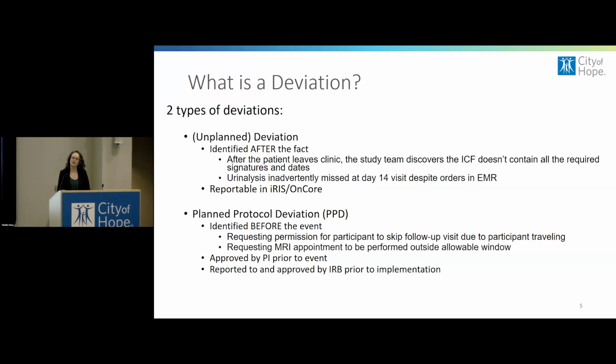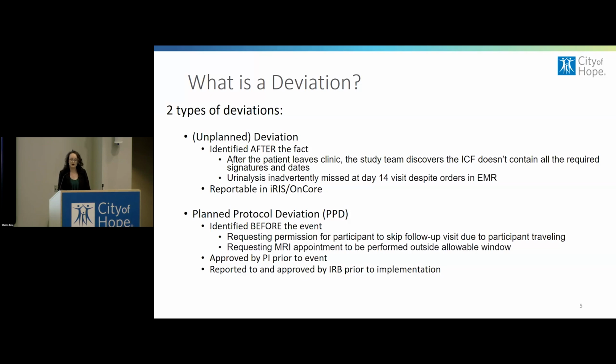The way that we obtain that is on the form, they're routed to the PIs. Their signature on that form is their attestation that they plan to proceed with this deviation and they approve of the deviation. And then prior IRB approval is required before implementation. So again, both of these types of deviations require reporting in Encore.